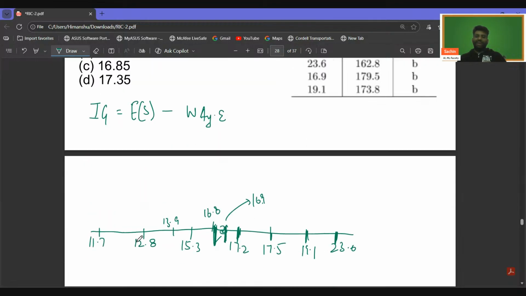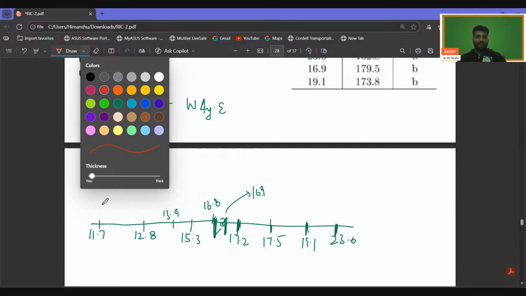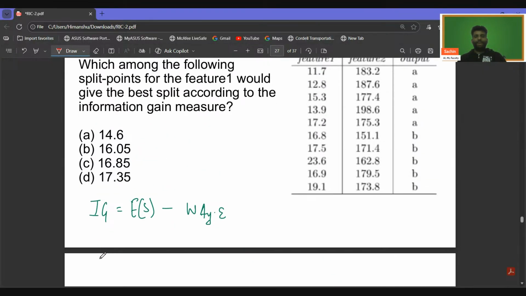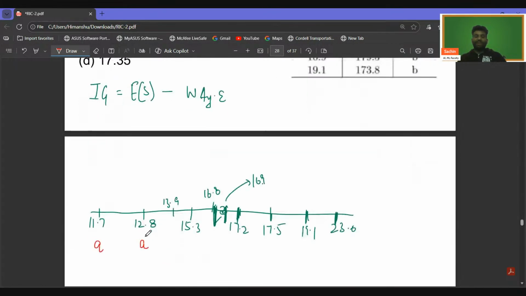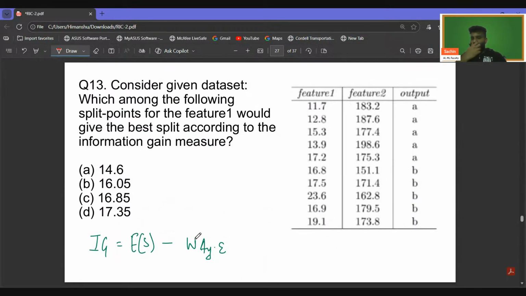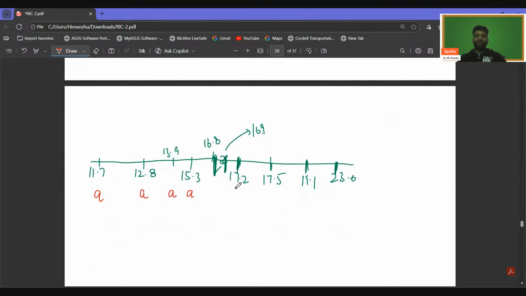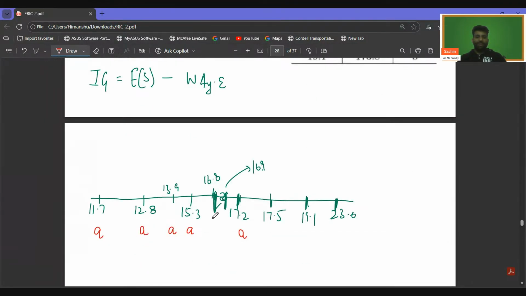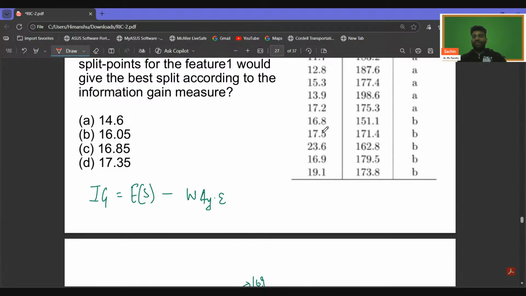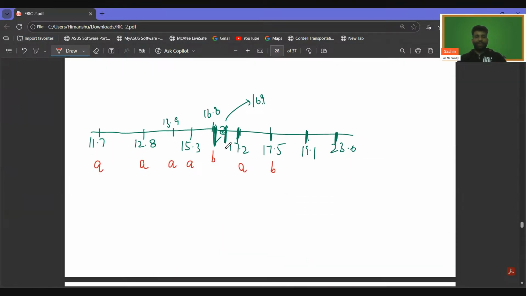So we have A, let me just write down, A for 11.7, A, 12.8 is A, 15.3 is A, 13.9 is A, 17.2 is A, 16.8 is B, 17.5 is B, all are B. This is also B, this is also B, this is also B.